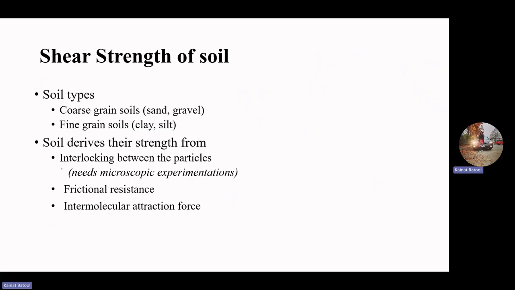Now, this interlocking between the particles is a factor which needs microscopic experimentation to be measured. As it is not measurable, we will not be considering it in onward calculations. We will just be focusing on the frictional resistance and intermolecular forces.